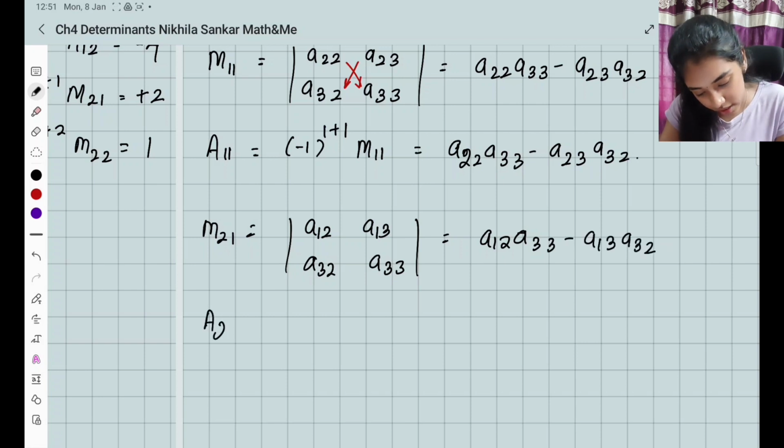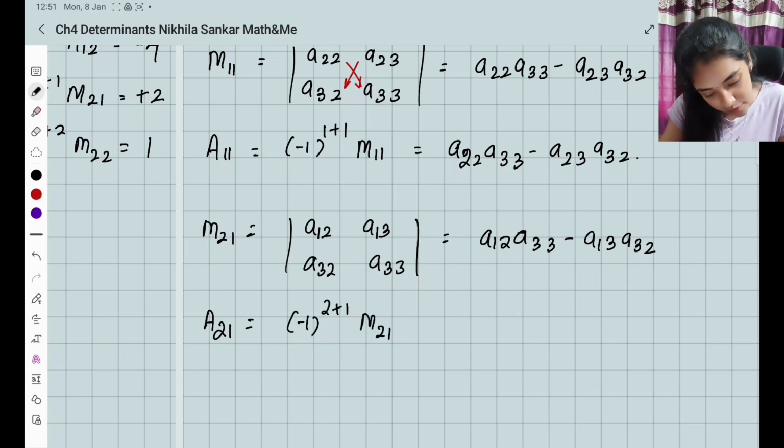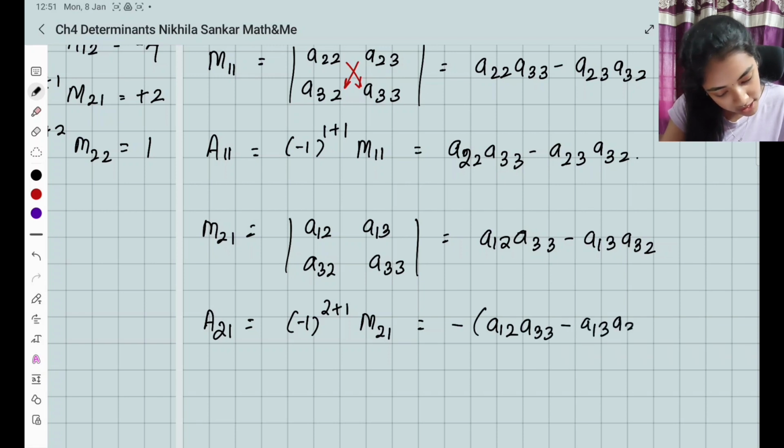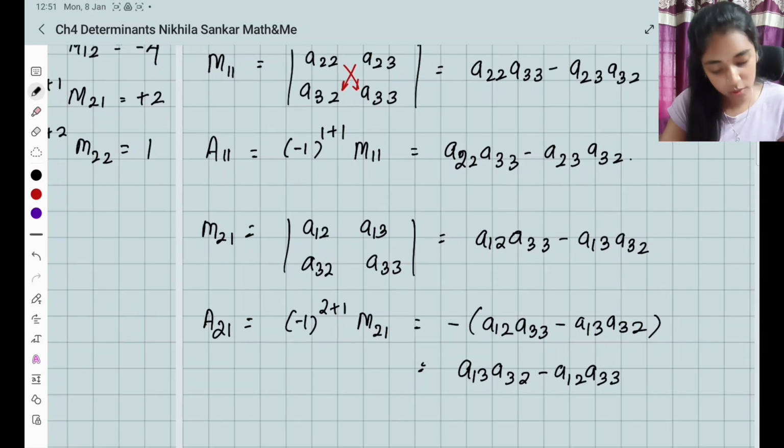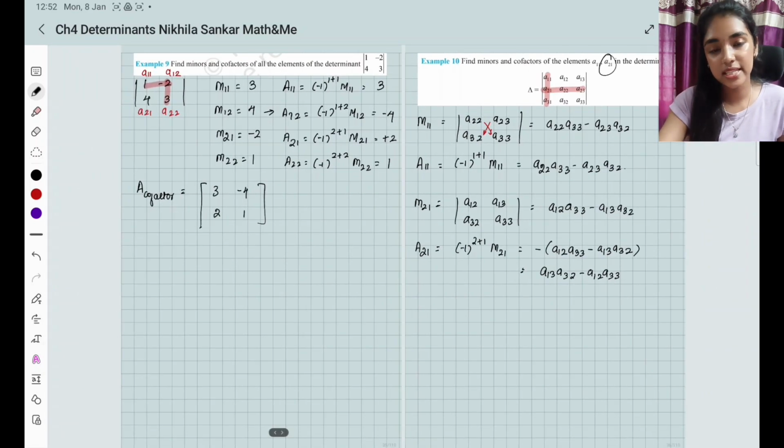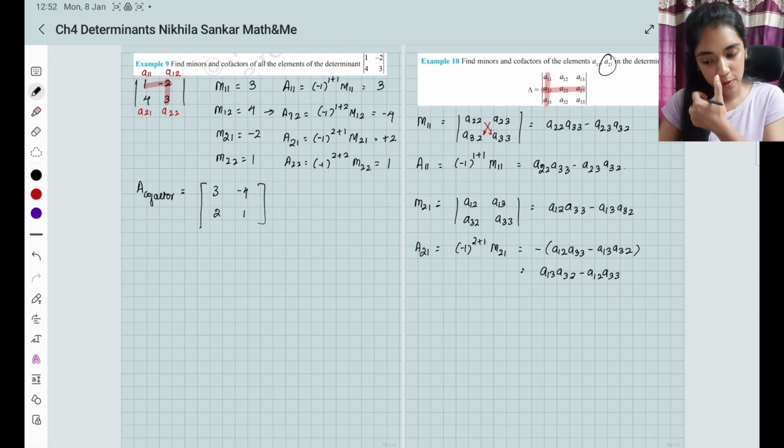And the cofactor A21 is going to be minus 1 to the power 2 plus 1 times M21. So this is going to be negative of A12 A33 minus A13 A32. Minus ulla multiply panna, it is going to be the opposite. So A13 A32 minus A12 times A33. Okay, please copy. So this is the basic minors and the cofactors.